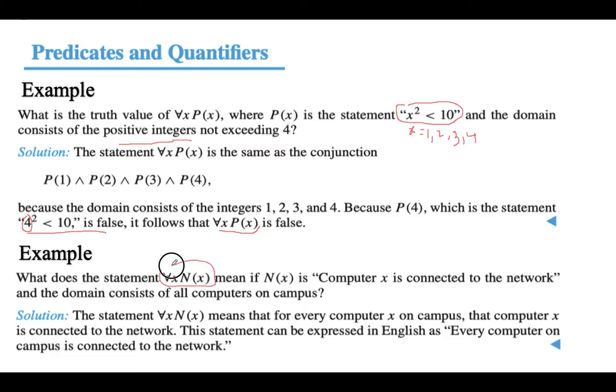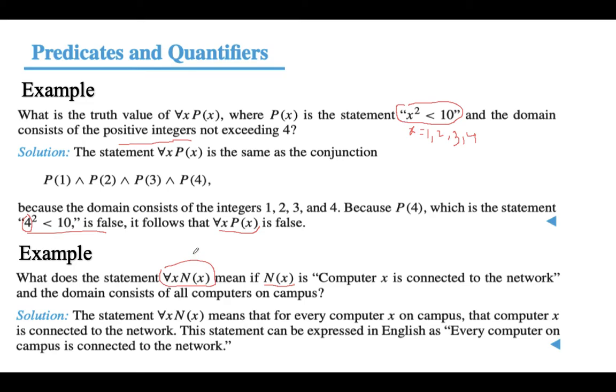The domain consists of all computers on the campus. The statement for all x N of x means that for every computer x on campus, that computer x is connected to the network. This statement can be expressed in English as every computer on campus is connected to the network.